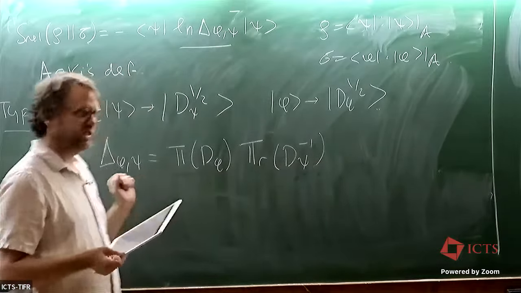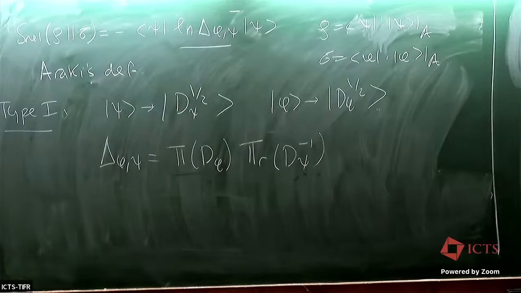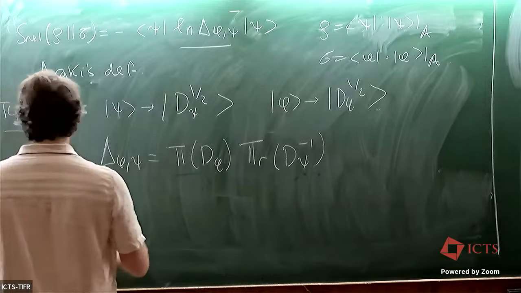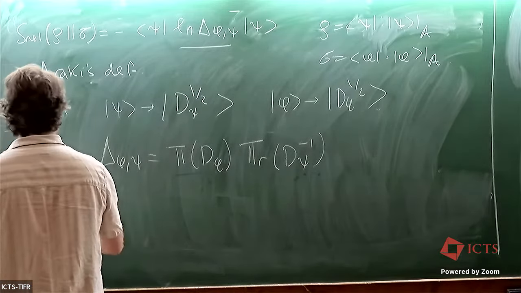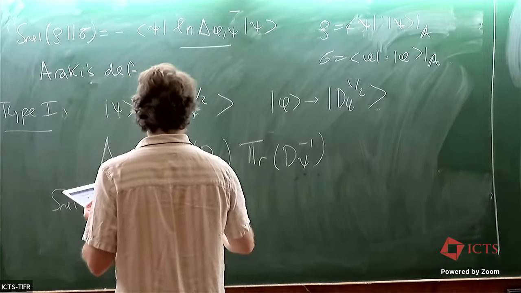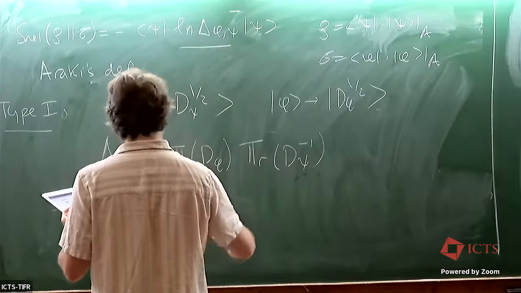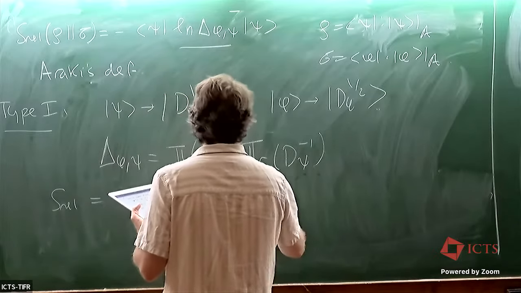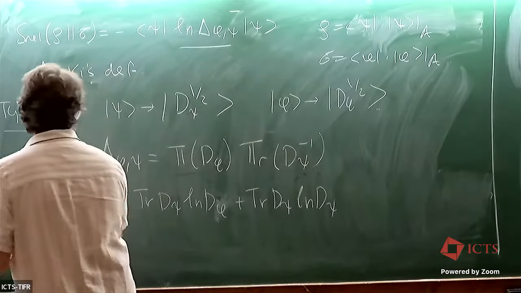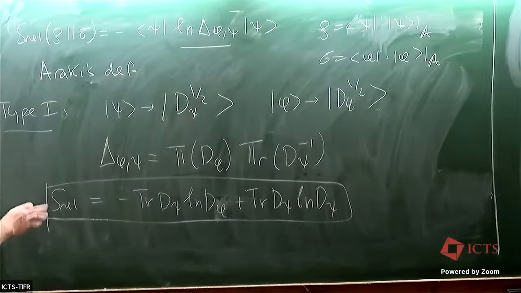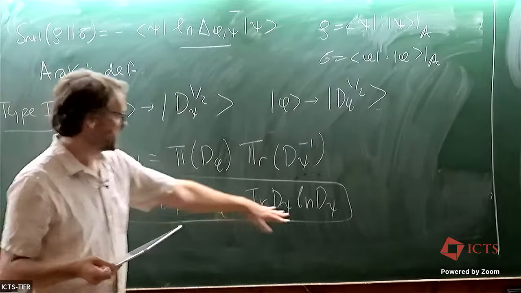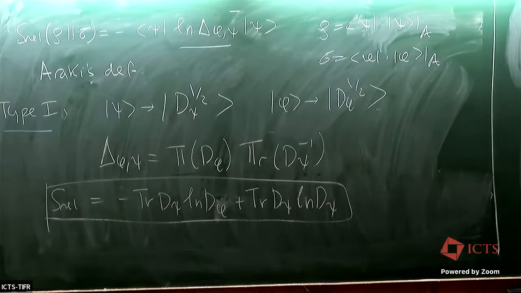Now we have two different states here, okay? And that's not so hard to see from these definitions. You can just check it. And so then we go ahead and compute the relative entropy, and you'll find the answer. It's not hard to see. And so this is the usual definition of the relative entropy for density matrices. Okay, and if they were both diagonal, this would just give the same definition you saw before.